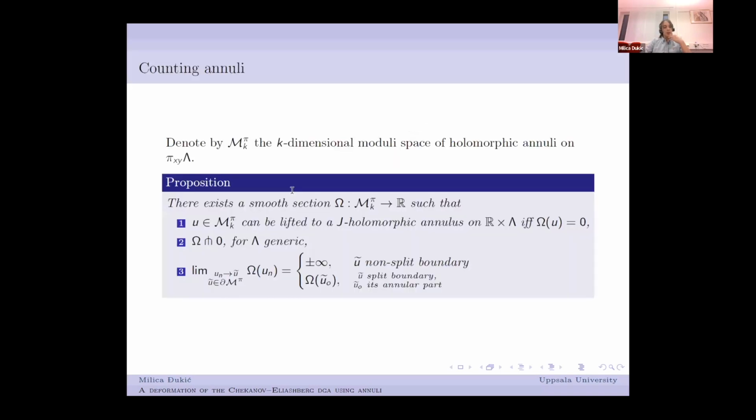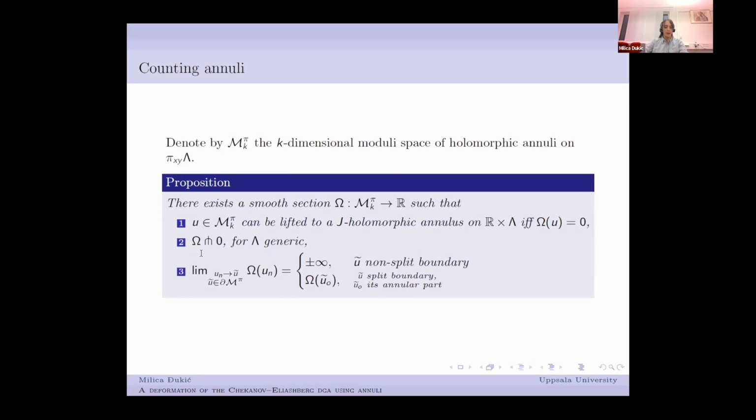And what I said, one can now put together into the following. So if we denote by M_P the k-dimensional moduli space of holomorphic annuli in the Lagrangian projection, then there exists a smooth section omega from this moduli space such that an annulus can be lifted to a J-holomorphic annulus in the symplectization if and only if this section vanishes on it.